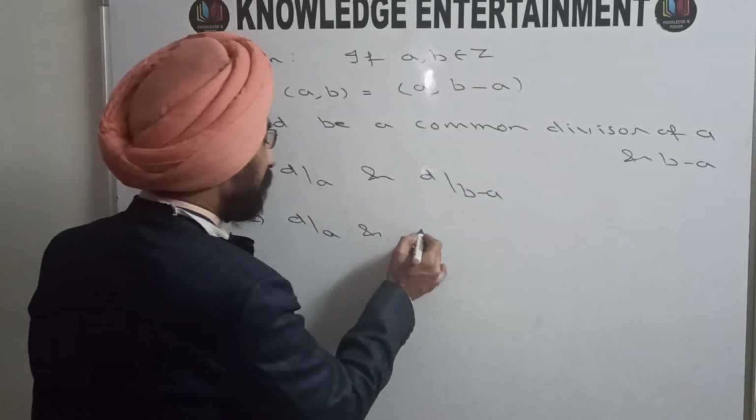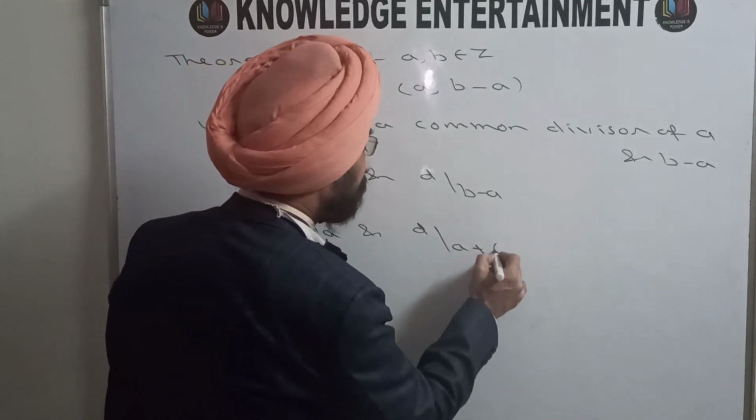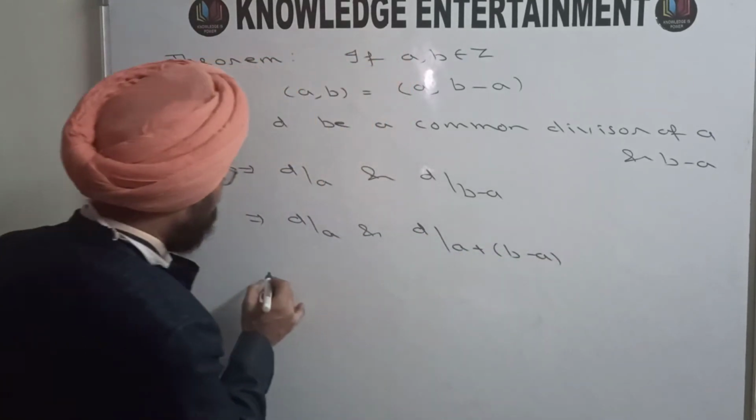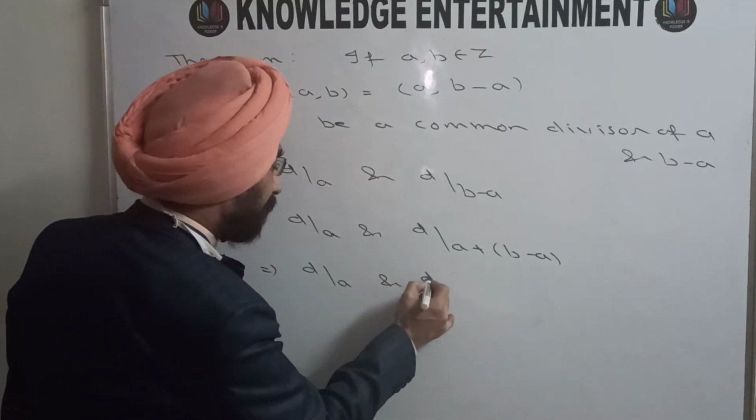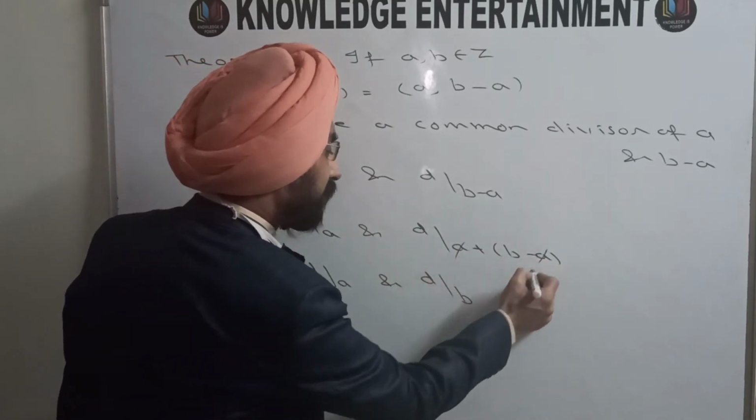So that means D divides A plus B minus A. And what is A plus B minus A? It is nothing but B, because A will be cancelled here.